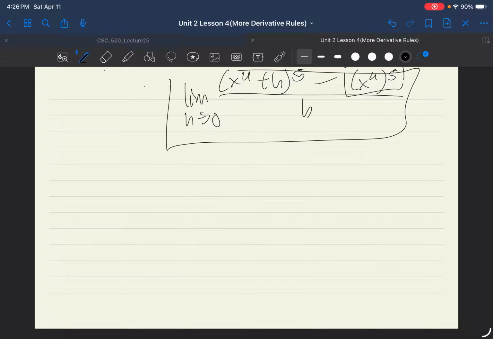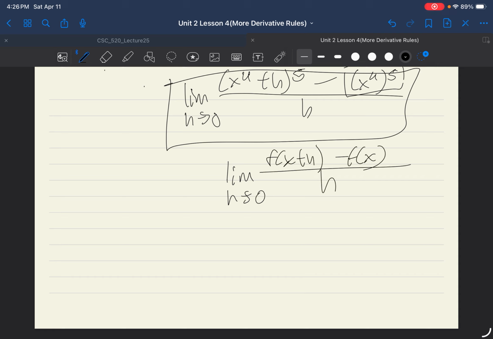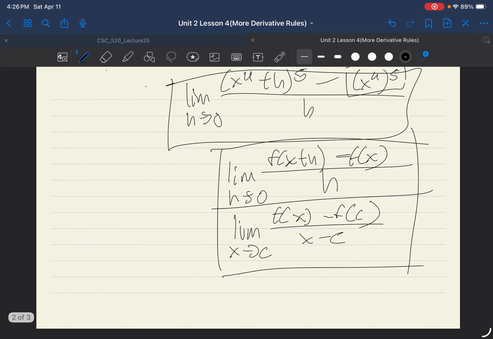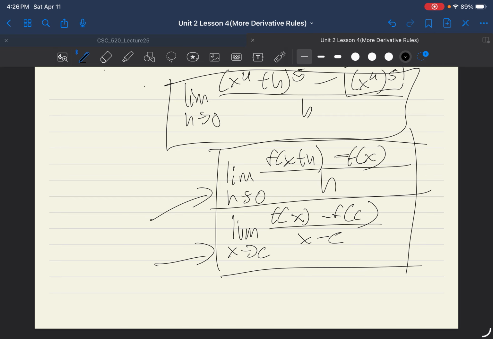Like if a limit looks like the limit as h approaches 0 of f of x plus h minus f of x over h, just check, and a lot of the time it will be that. Or if the limit is x approaches c of f of x minus f of c over x minus c, if it's like one of these two, then definitely check for them, because you can solve the function pretty instantly that way.